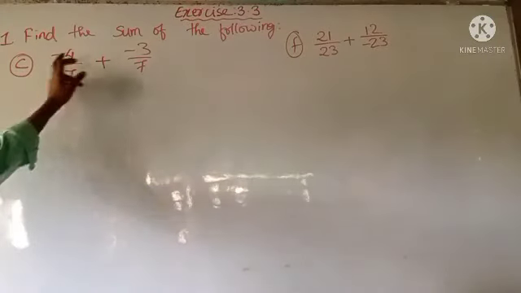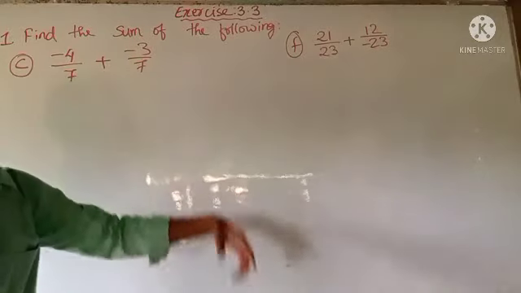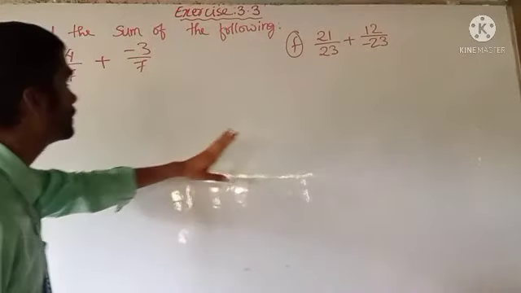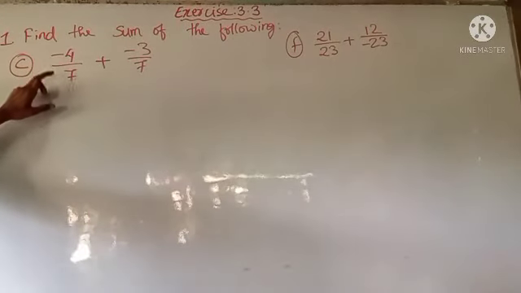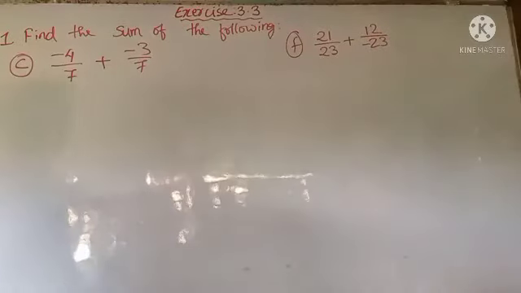Question number 1 here. Find the sum of the following. We are asked to find the sum of these given rational numbers. Here I have taken option C and option F. That is minus 4 by 7 plus minus 3 by 7.